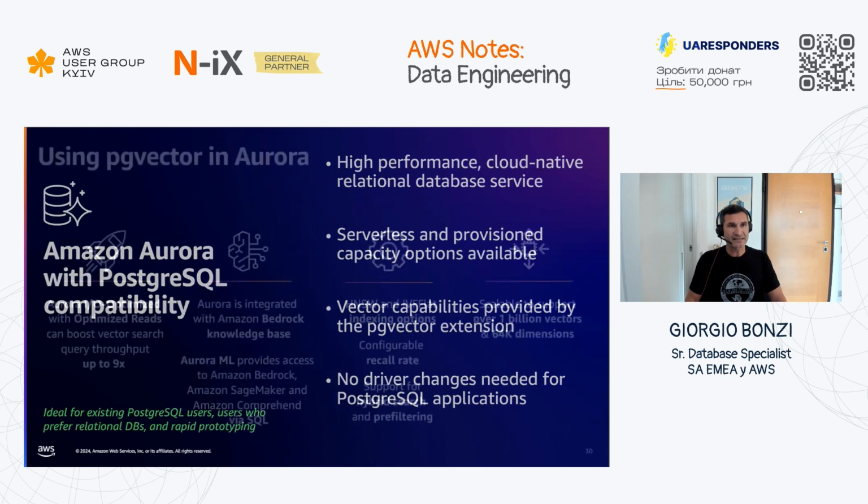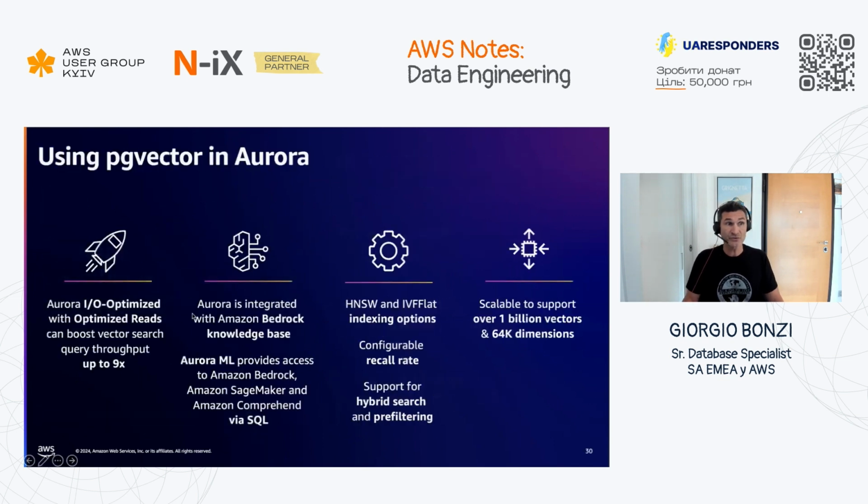But let's start from the first feature, that is I/O optimized reads. This feature leverages local attached NVMe storage that is available on certain instance types to provide two features. The first one is an additional layer of cache that leverages local attached direct disk to keep much more data near the database instance.